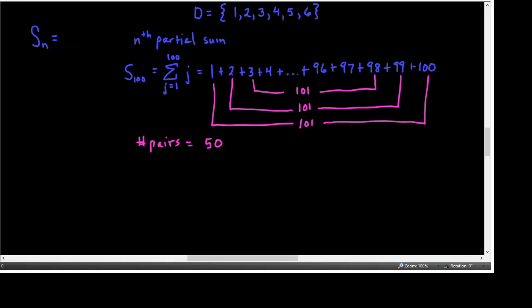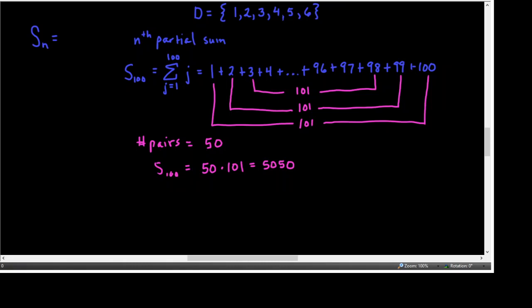So if there are 50 pairs that add up to 101, then the total sum, S sub 100, could be found, instead of doing repeated addition of 101 plus 101 plus 101 until I have 50 of those, by using multiplication, since repeated addition is multiplication, and get that, which is 5,050. So that's one way to do that. So let's see if we can come up with a formula using that as a basis.